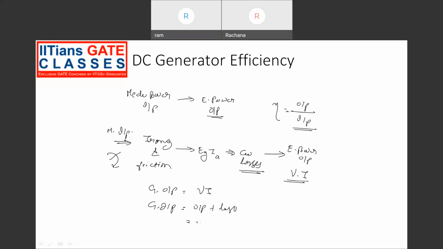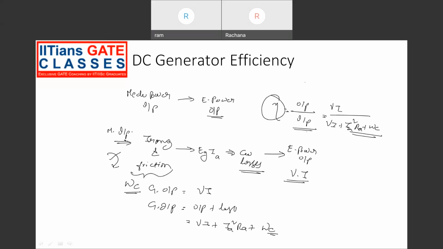That is VI plus losses, that is copper losses, IA square RA, plus the iron and friction losses, also called constant losses WC. So the efficiency equals output by input, that is VI by VI plus IA square RA plus WC.